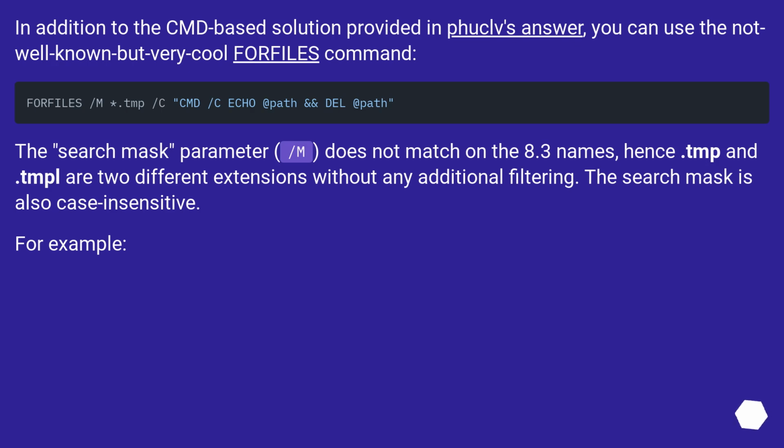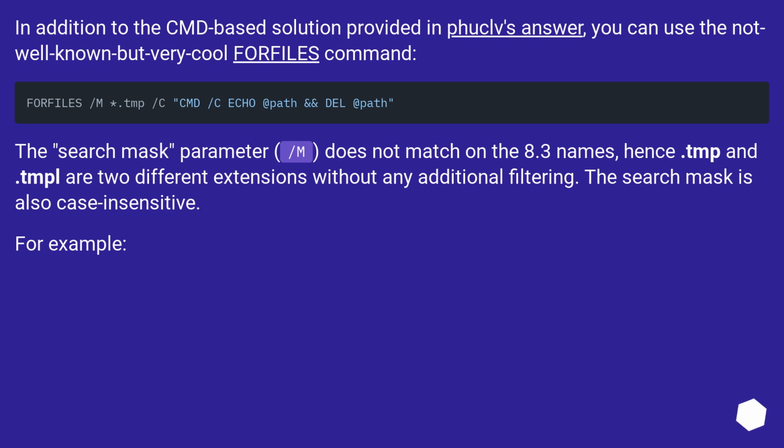In addition to the CMD-based solution provided in Pukl's answer, you can use the not well known but very cool forfiles command. The search mask parameter, /m, does not match on the 8.3 names, hence .tmp and .tmpl are two different extensions without any additional filtering. The search mask is also case insensitive.